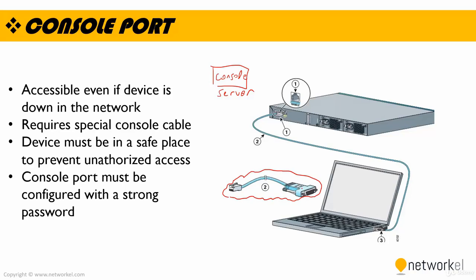You plug this side to your computer, and you plug the other side into the console port of the Cisco device. Console port is accessible even if the device is down in the network. There's no problem to reach it. And the device must be in a safe place to prevent unauthorized access of the console port. And the console port must be configured with a strong password.